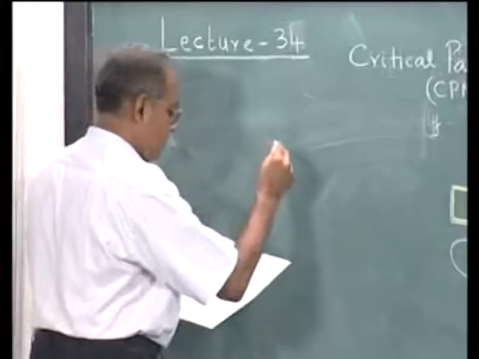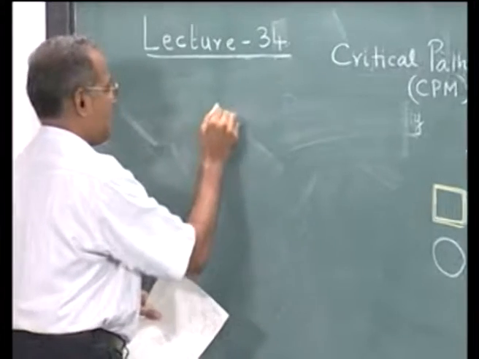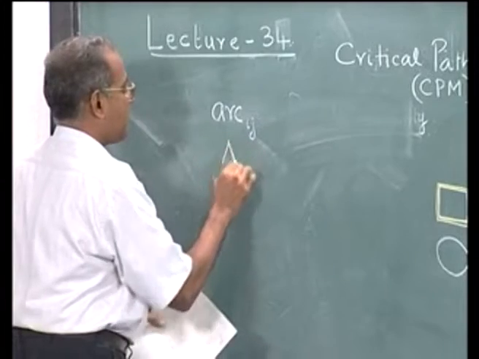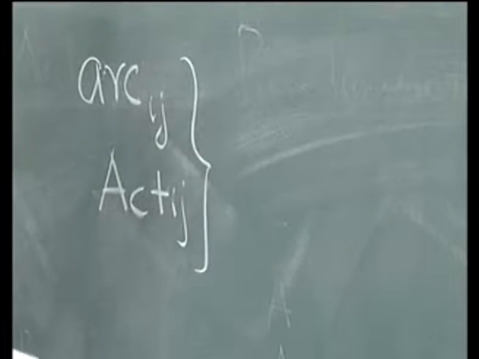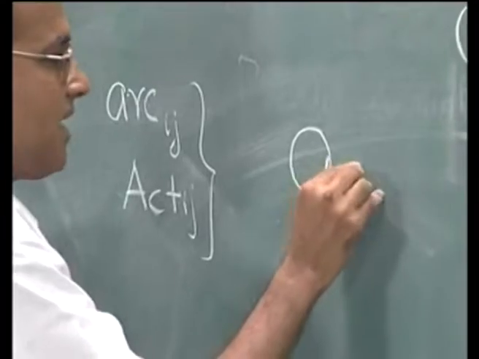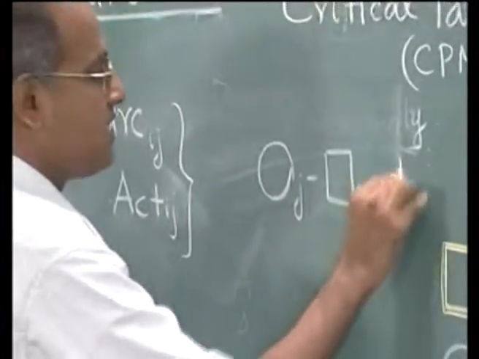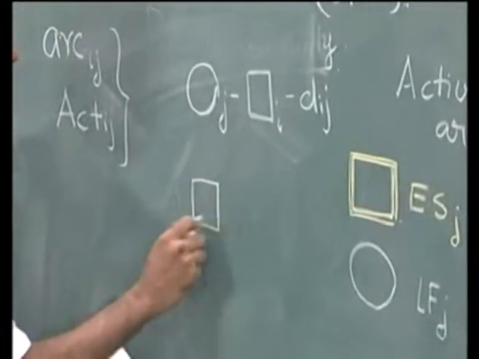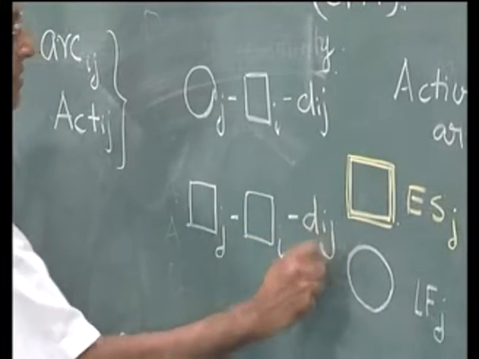Let us find out, for a particular arc ij, or for an activity ij, let us define the backward pass quantity j minus forward pass quantity i minus dij, and let us also define the forward pass quantity j minus forward pass quantity i minus dij.